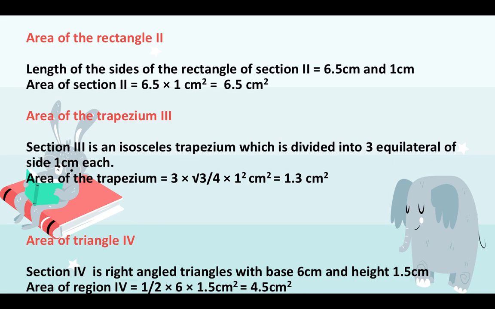And area of an equilateral triangle, you know the formula, root 3 by 4 a square. So I have 3 equilateral triangles, means I will multiply this area by 3. So this is how this will look like. And the side is 1 over here, value of a is 1. So my answer is 1.3 centimeters square.